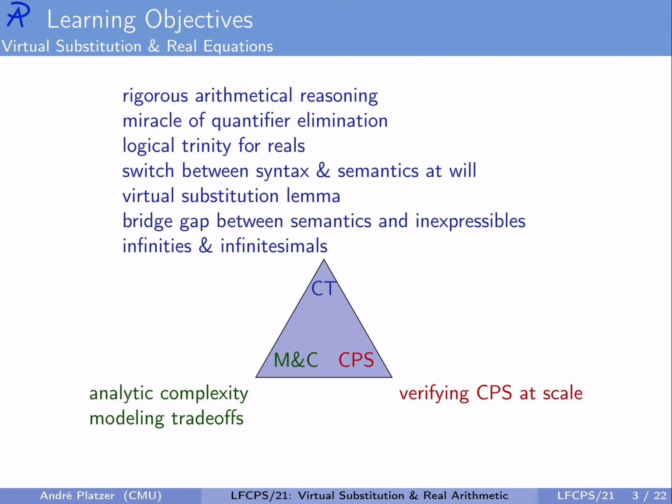Now, we will still be exploiting the logical trinity for real arithmetic because we will still, just like in the previous chapter, exploit the flexibility of moving back and forth between the syntax and semantics of an expression at will.